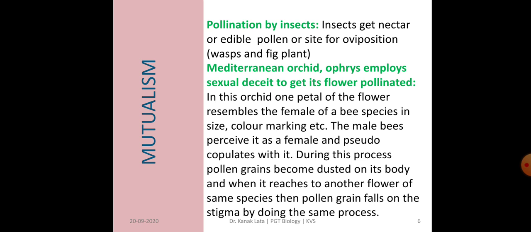The male bees perceive it as a female and do pseudo-copulation with it. During this process, pollen grains become dusted on its body, and when it reaches another flower of the same species, pollen grains fall on the stigma by the same process of pseudo-copulation. So here mutualism is seen.